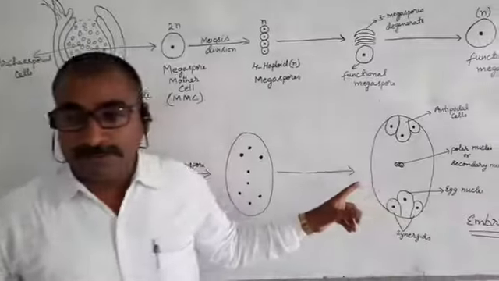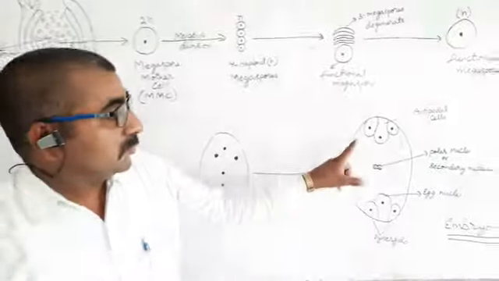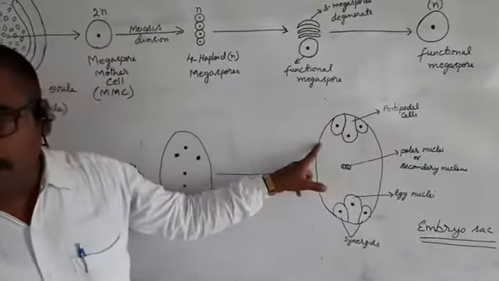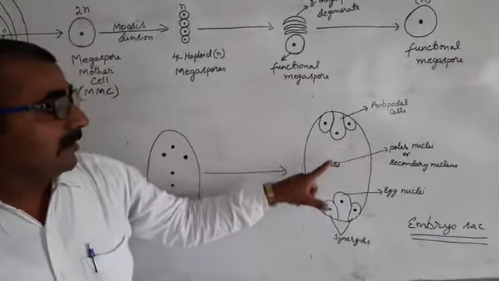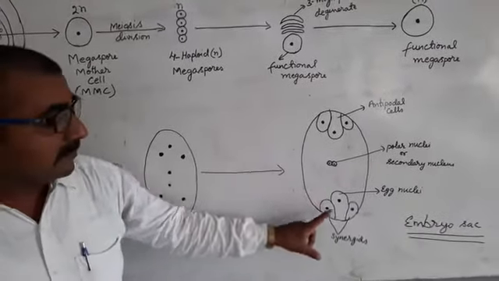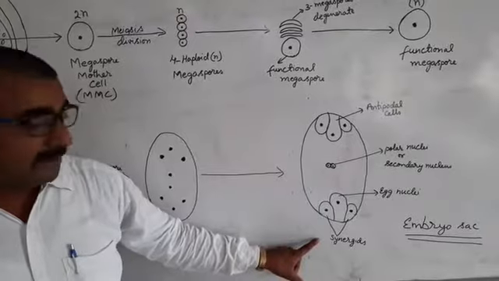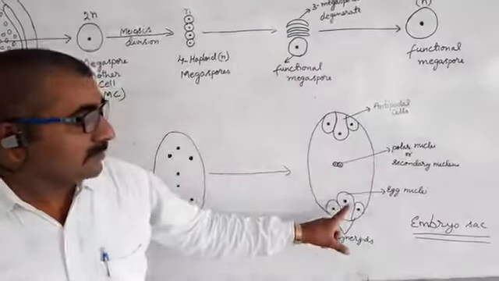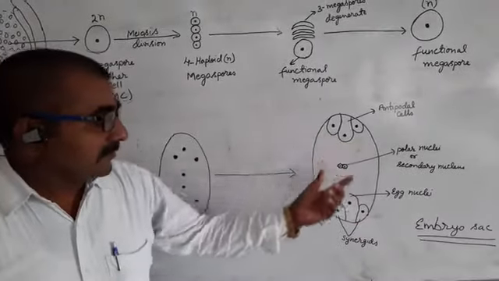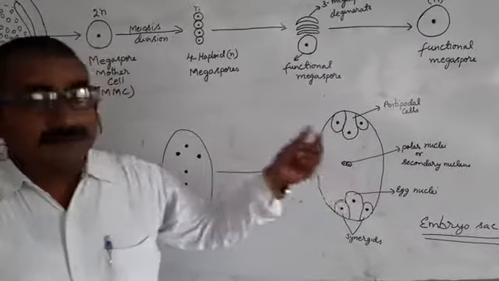In terms of cells, it is 7-celled. 3 antipodal cells and 2 polar nuclei make 5, and 3 cells towards the micropylar end, of which 2 are synergids and one is the egg. So 3, 3, 6 and 1, 7.